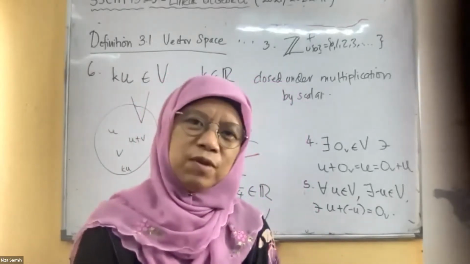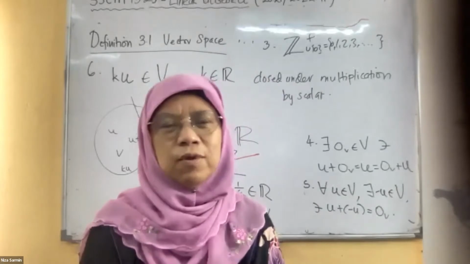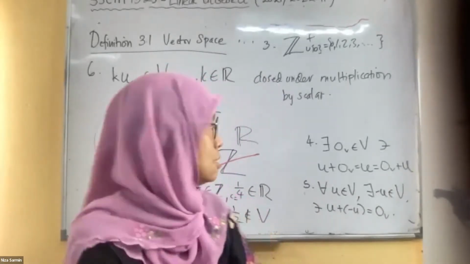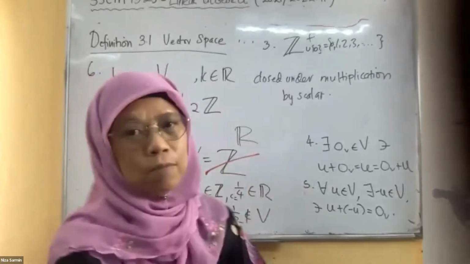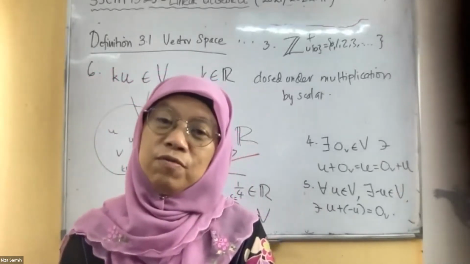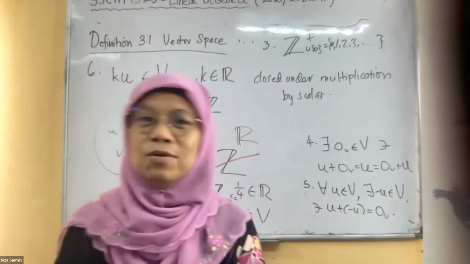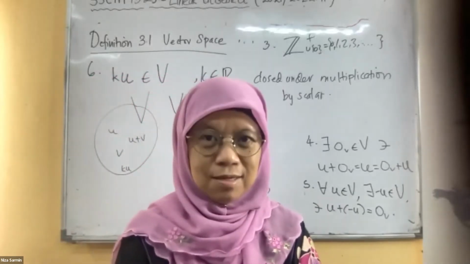Associative, yeah, u plus v plus w, associative. 0, yeah, because 0 is even, 0 is inside. Negative or inverse, yes, because the negatives of the evens are all negative evens, yes.